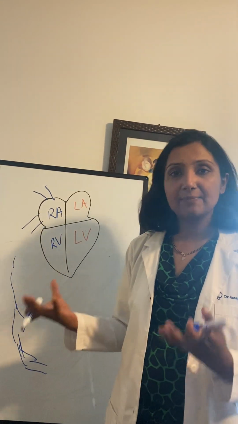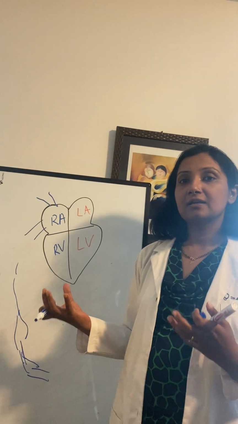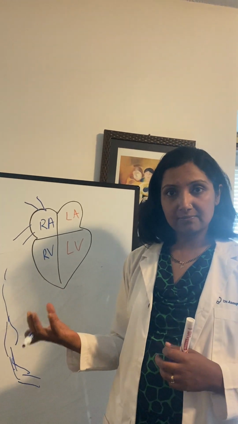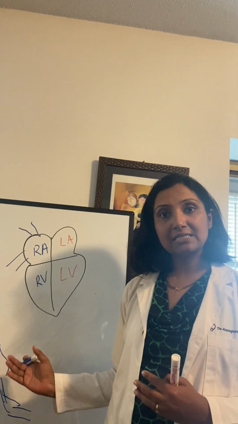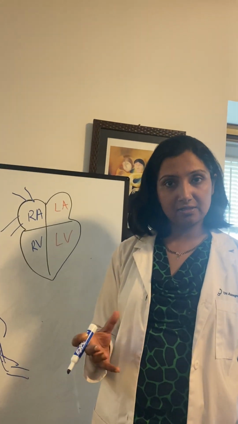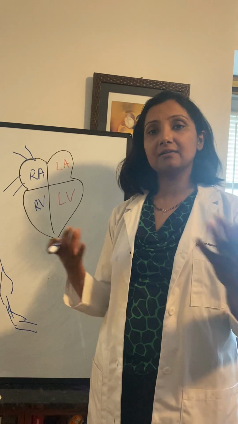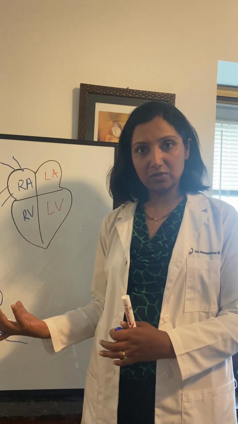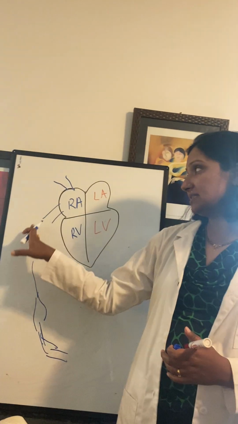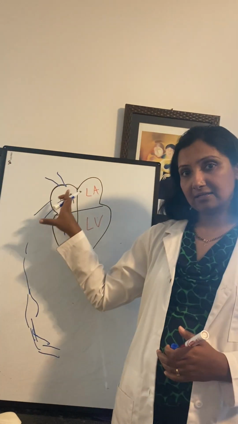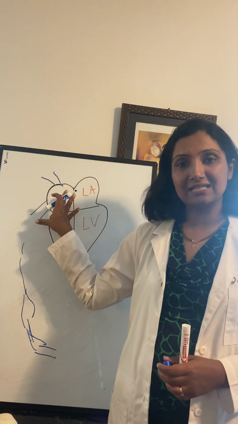So the venous blood is deoxygenated blood, because at the level of capillaries, oxygen is taken up by the tissues and carbon dioxide or the waste products are taken back into the capillaries, and via the veins, the deoxygenated blood returns to the right atrium.